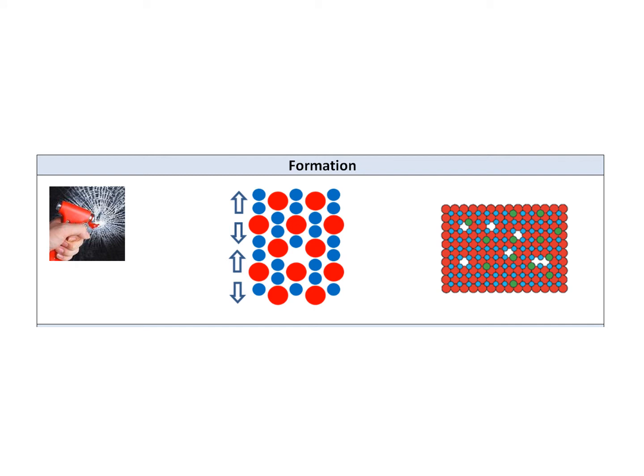Okay, so to start with the formation, look at the difference. Compared to the ductile fracture, we've now got a compacted and impurity-ridden piece of material. And to demonstrate this, I've only put one air gap in here. This is a very dense material, but the point is being made here.